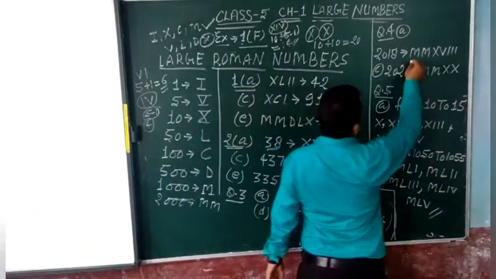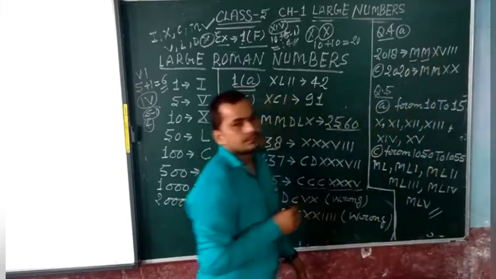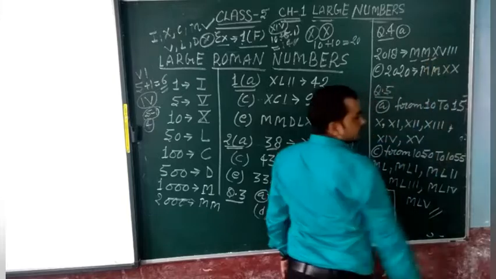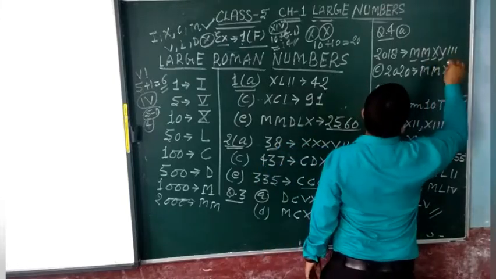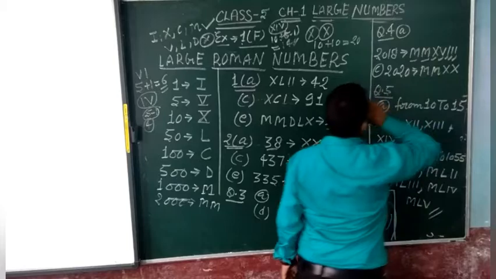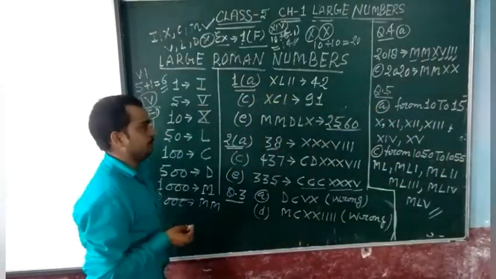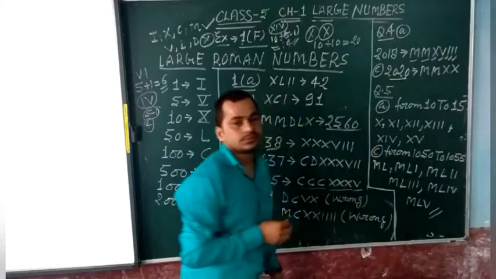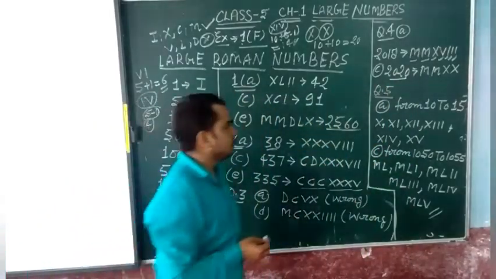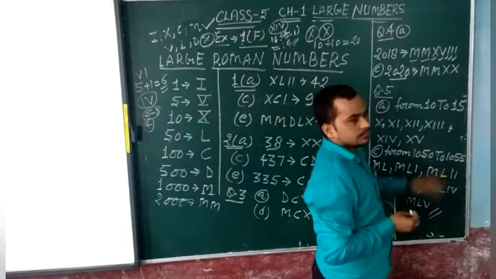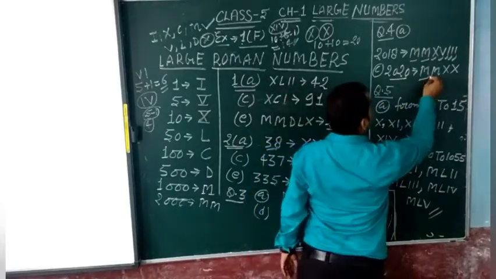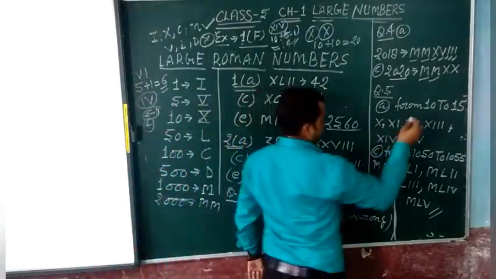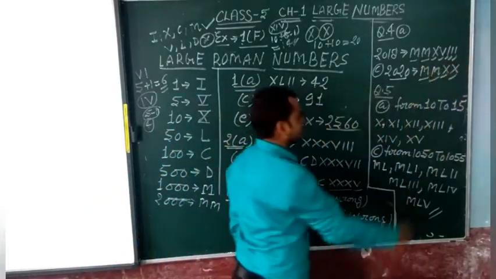So we write MM for 2000, then 18: 10, 5, 1, 1, 1, so XVIII. So 2018 is MMXVIII. Next is 2020. Again we know 2000 is MM, and 20 is XX.